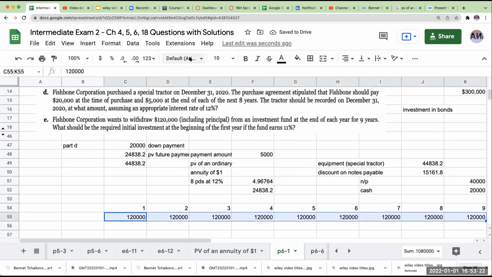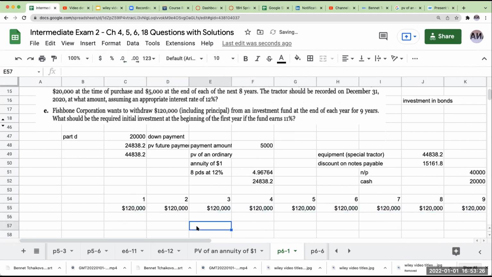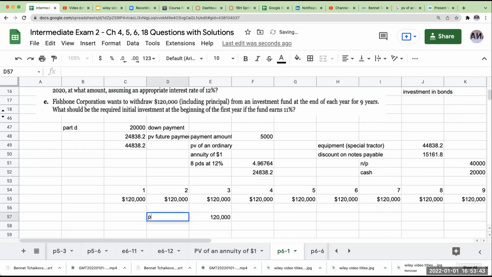So really what I'm asking myself is, what's going to be the amount of the initial investment if at the beginning of the first year the fund's earning 11%. So what I would want to do here is take 120,000, which is going to be my payment or the annuity, and bring that back into today's dollars.